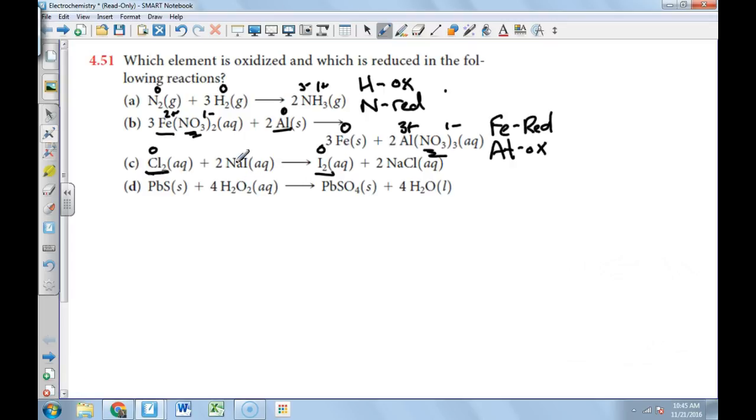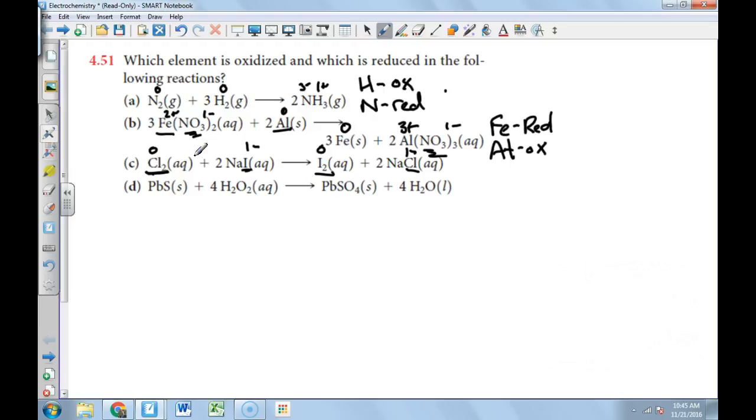Here's sodium, so this is I-, so 1- to 0, and this is sodium chloride going to 1-. So chlorine is gaining electrons.